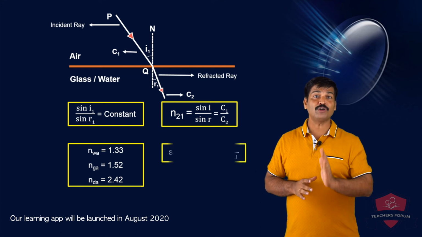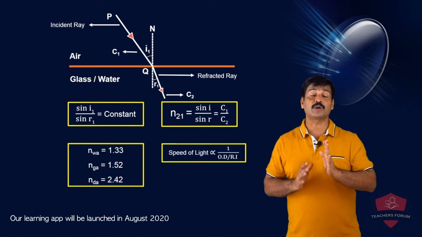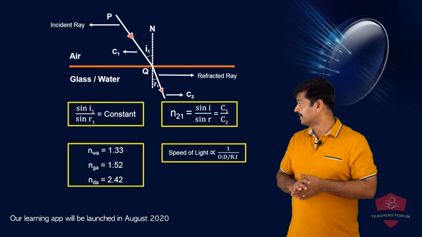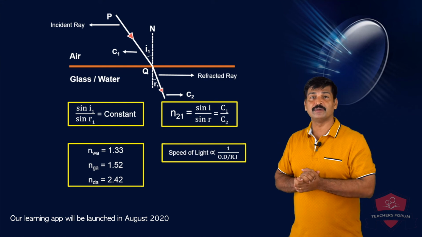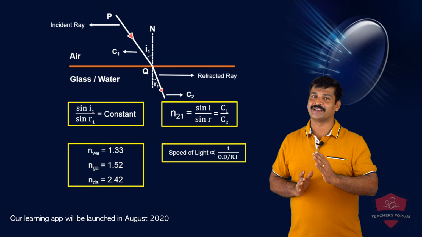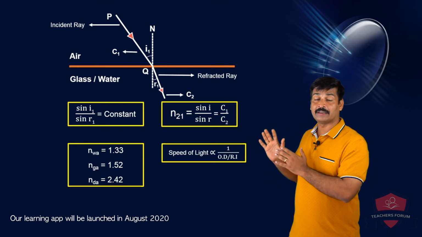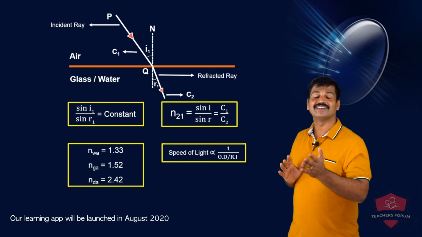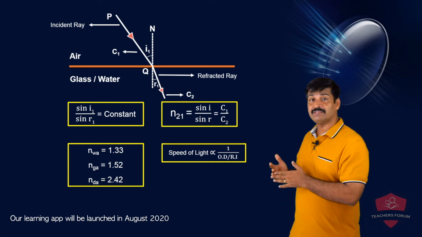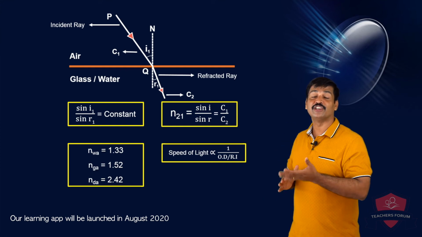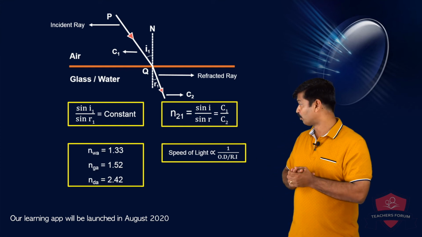That is, the speed of light C is inversely proportional to refractive index or optical density. If refractive index increases, what will happen to the speed of light? Decreases. If refractive index decreases, what happens to the speed of light? Speed of light increases. So they are inversely proportional.